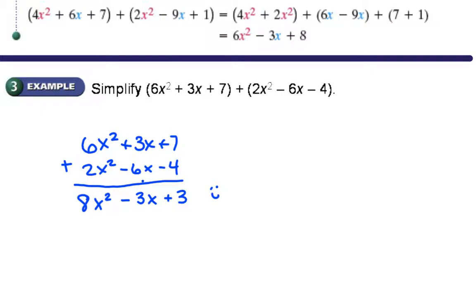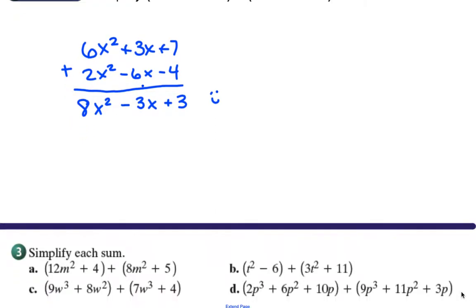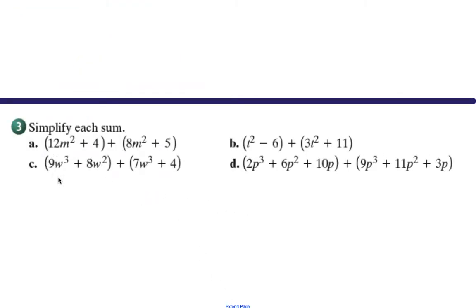Yay! All right, now if we were looking at doing them horizontally, let's do C. So that's going to be 9w cubed plus 8w squared plus 7w cubed plus 4.